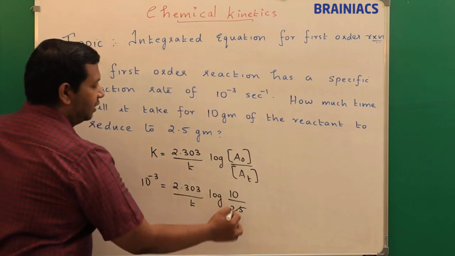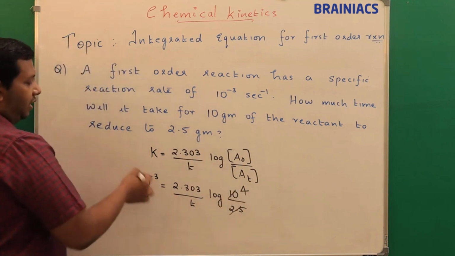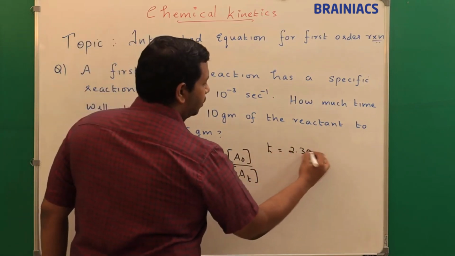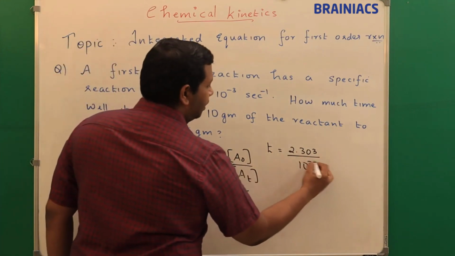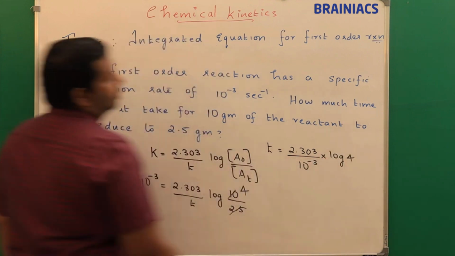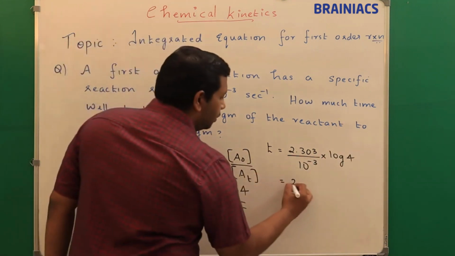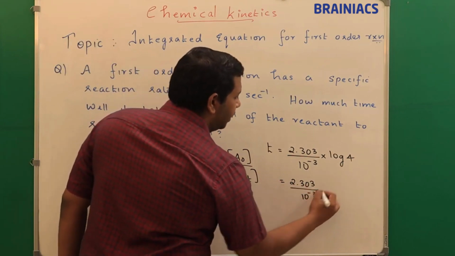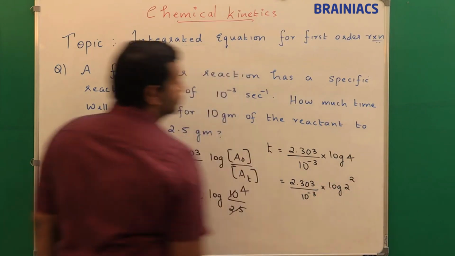So if you divide it, it will become log 4. How can I rearrange it and write? T is equal to 2.303 divided by 10 power minus 3 into log 4. Correct? So what is log 4? I can write it as log 2 square. So this will become 2.303 by 10 power minus 3 log 2 square.